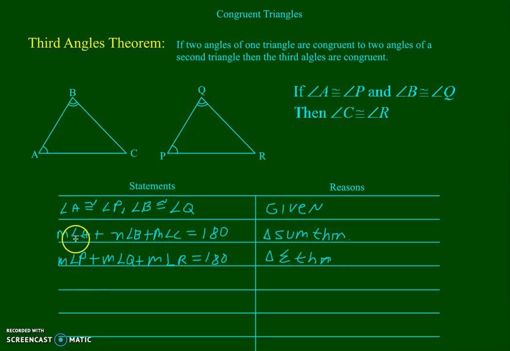Now, since this is equal to this, and this is equal to this, here is evidence of our transitive property of equality again. So we might need a little bit extra room here.